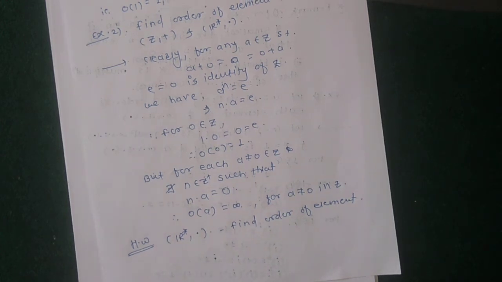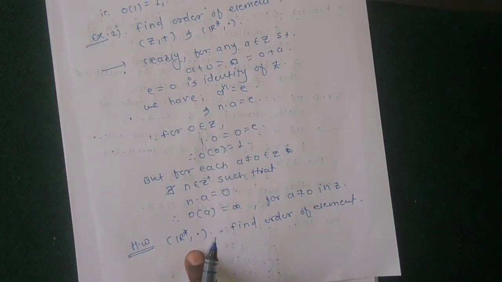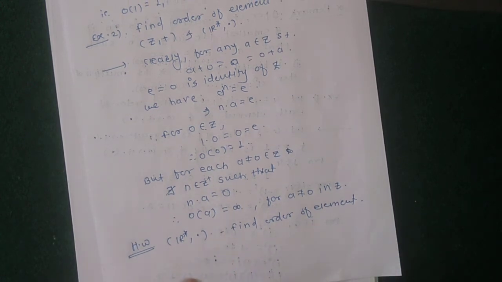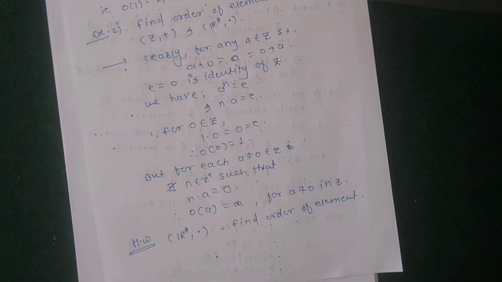Therefore the order of 1 equals 1, and also minus 1 squared equals 1, the identity. Therefore 1 has order 1, and the order of minus 1 is 2.